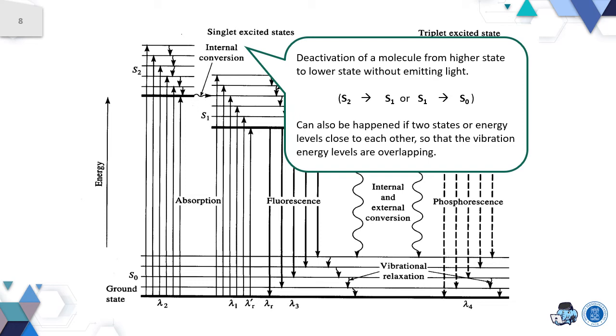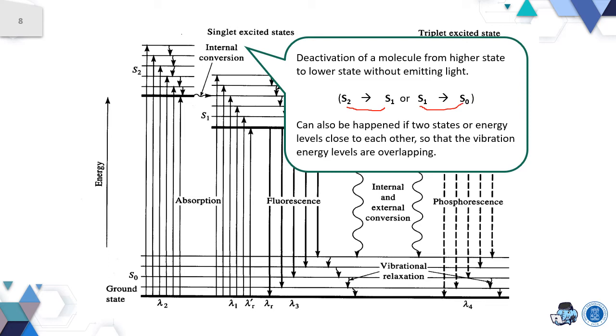So in internal conversion, there is the de-activation of the molecule from a higher state to a lower state without emitting light. For example, from S2 to S1, or from S1 to S0, the ground state.